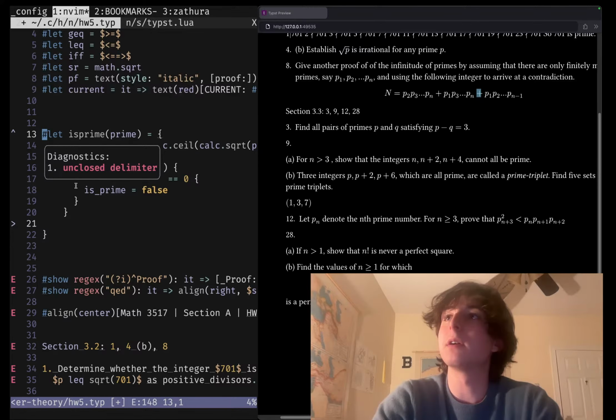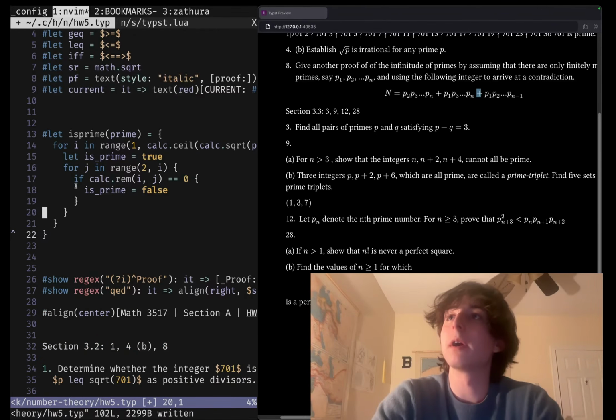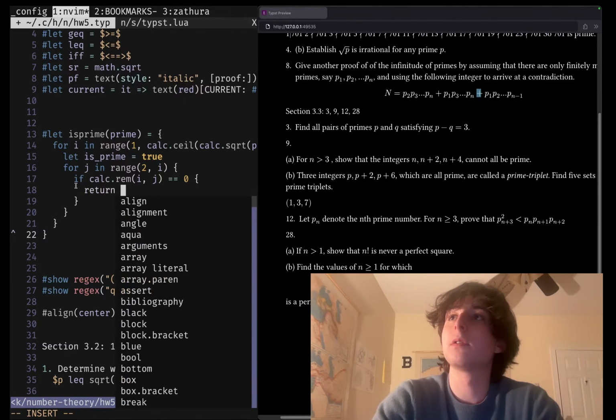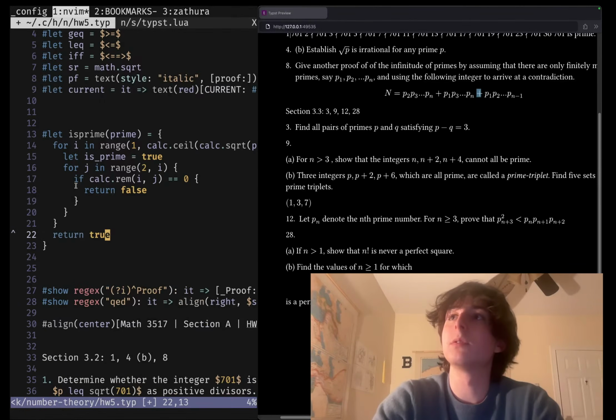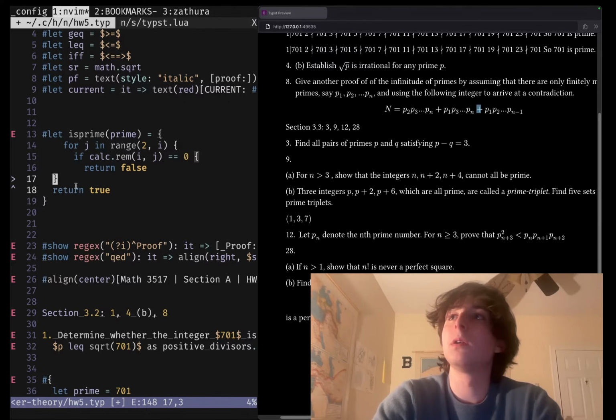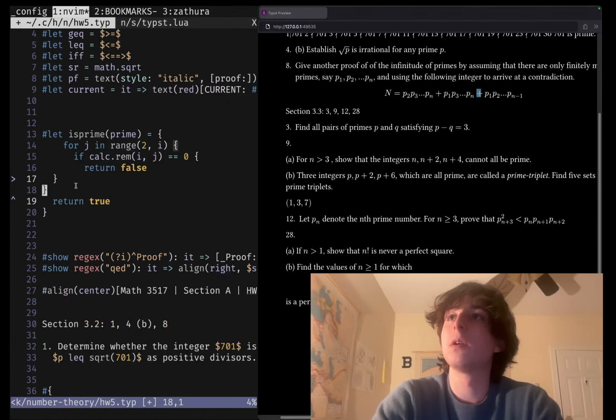Why is this an error? Unclosed delimiter. There we go. Okay. Return false. Return true. We actually only need the inner loop, I think.